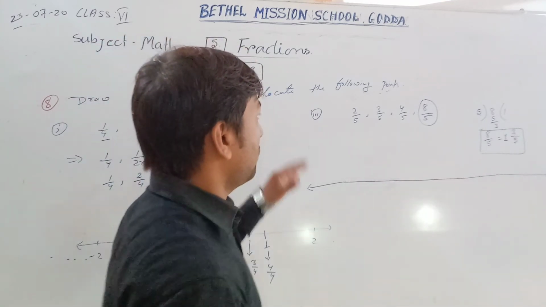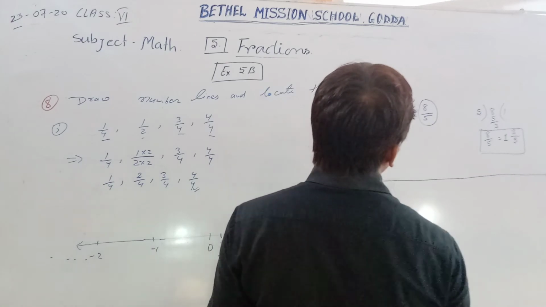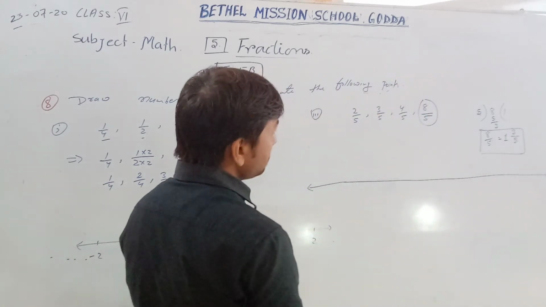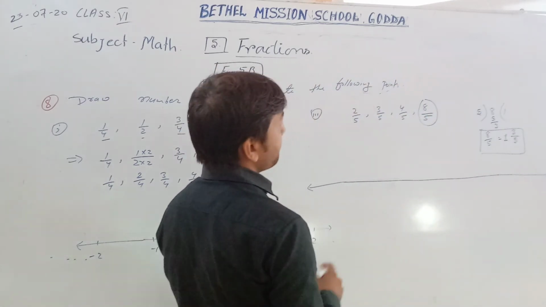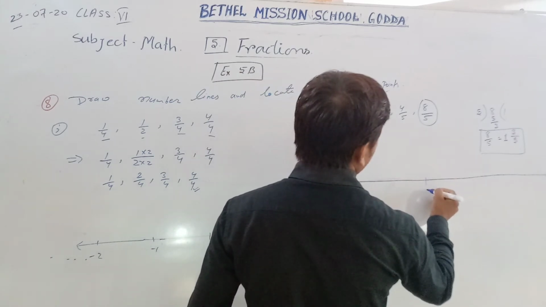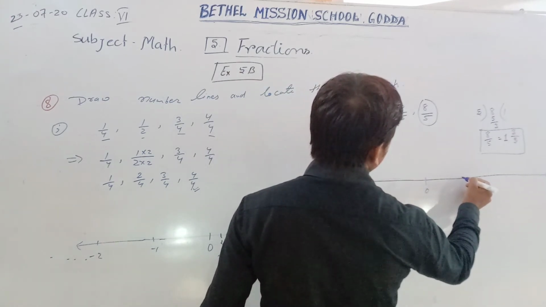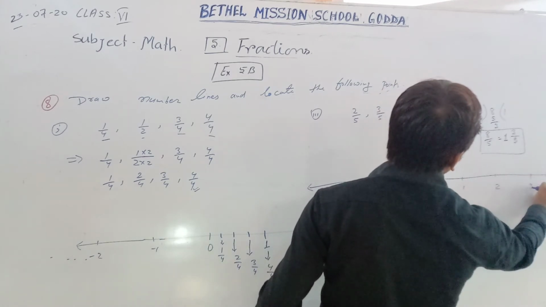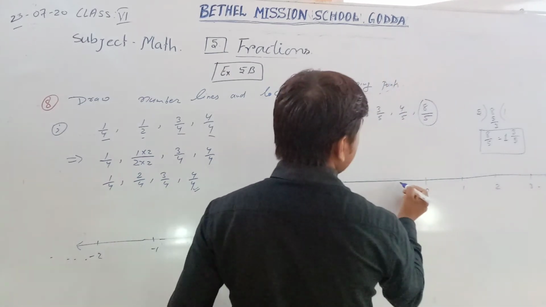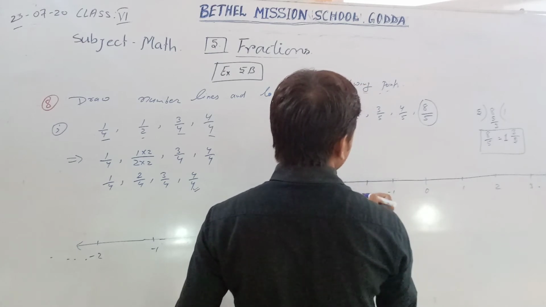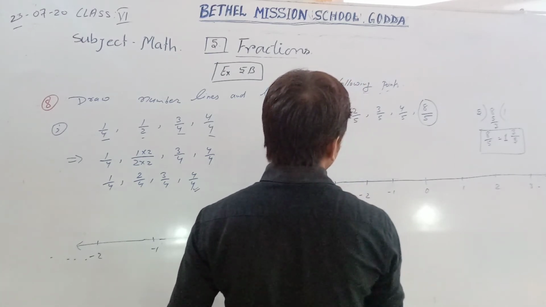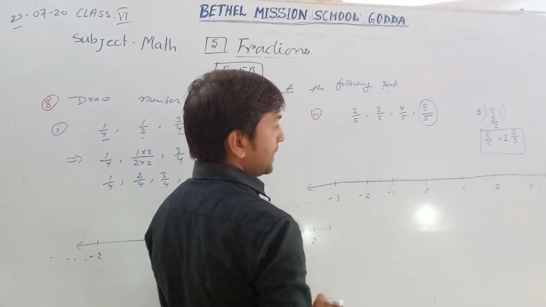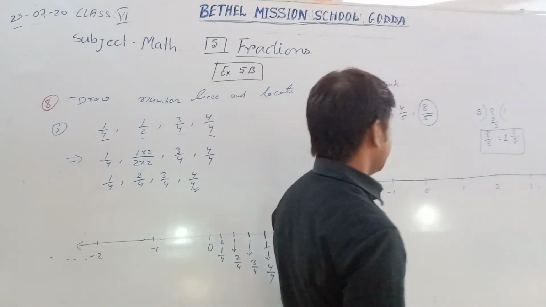Okay, so now this is 0, this is 1, 2 or 3, whatever, and here -1, -2, -3 up to minus infinity. This is plus infinity.